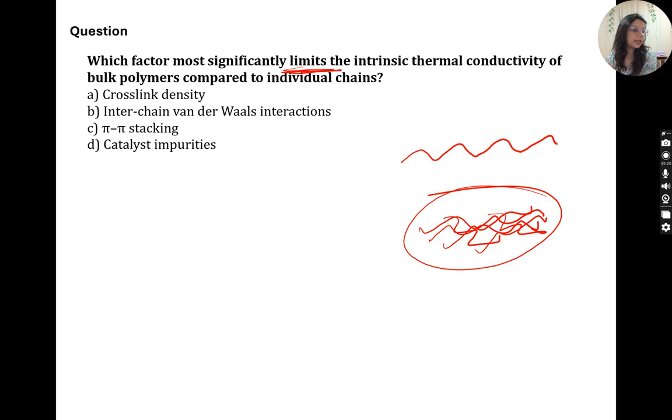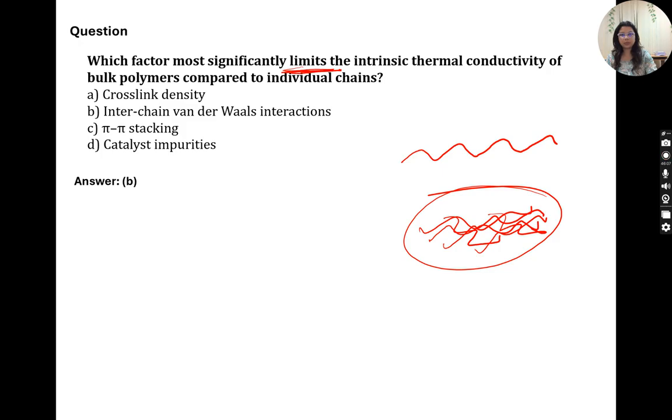Okay, I got an answer which says it's A. We'll see that. Okay, I got A as the answer. Let's see.